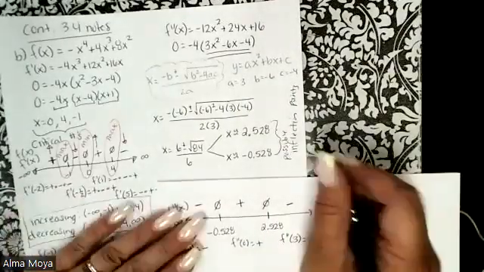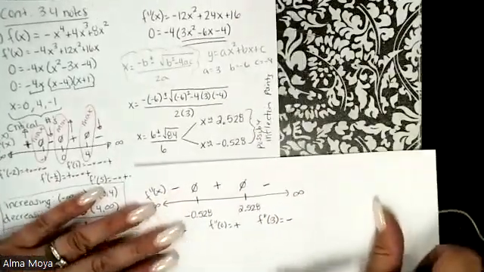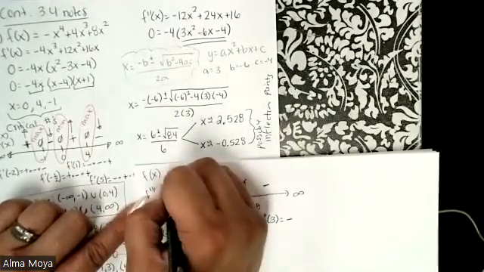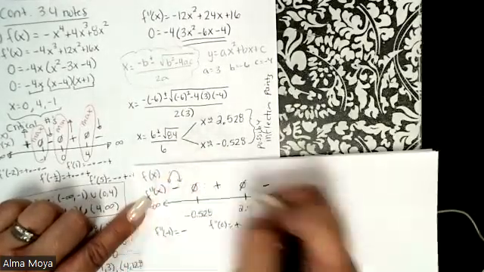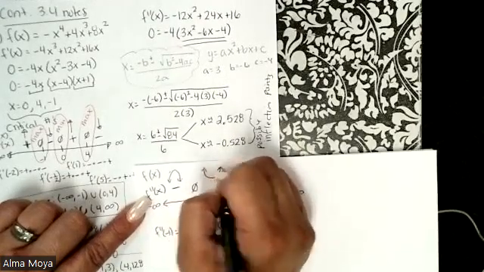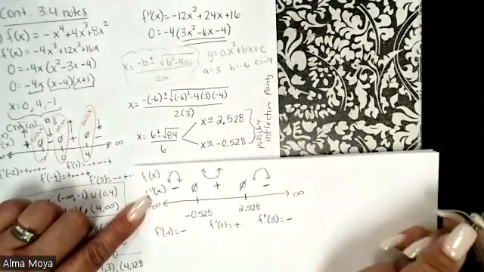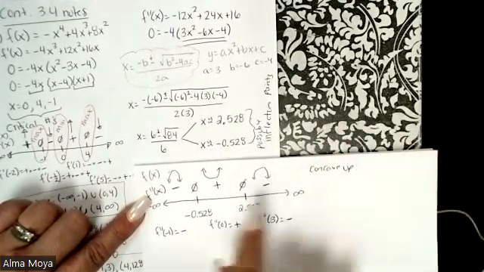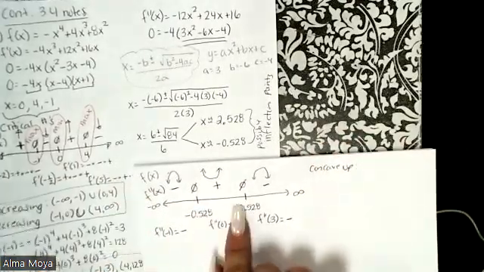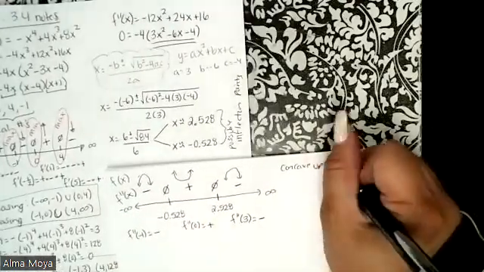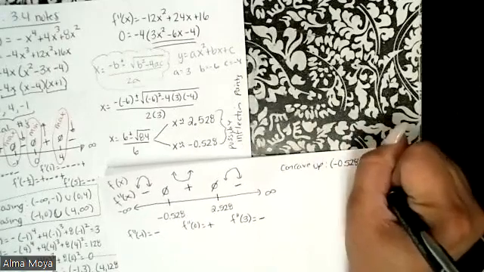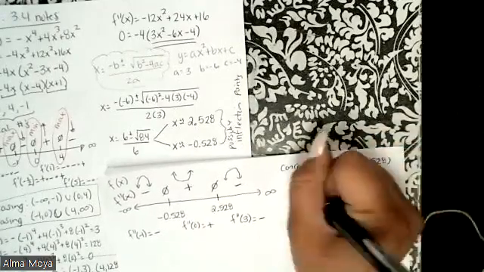Now, keep in mind, second derivative tells us concavity. So on the original graph, that's going to mean it's concave down because it's negative. That's going to be concave up, and that's going to be concave down. So the graph is concave up on the region from this point to this point. So that's going to be negative 0.528 to 2.528.